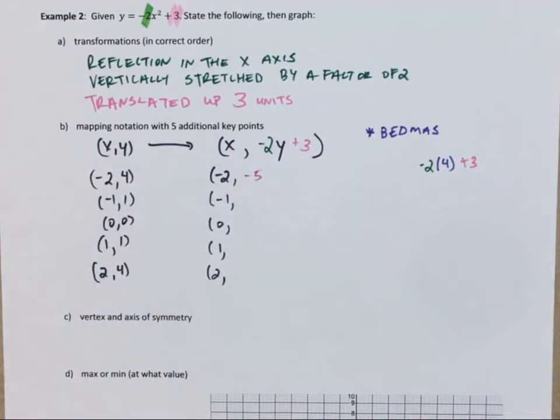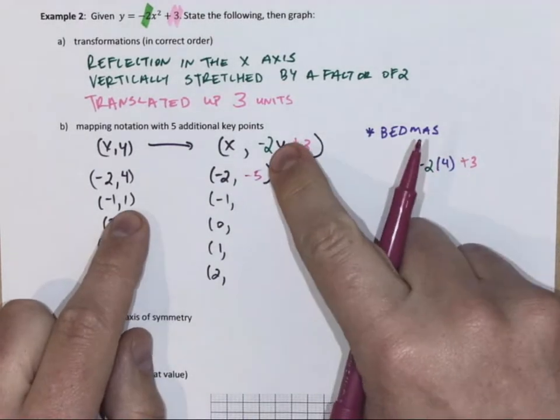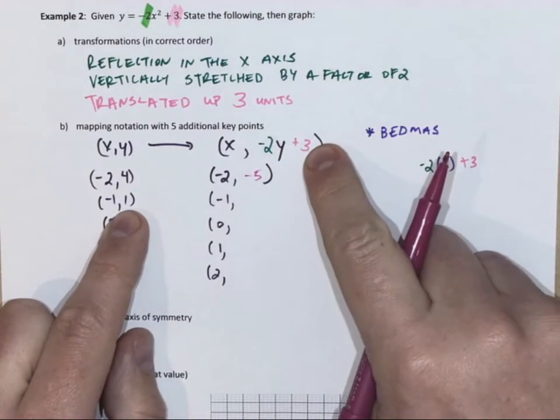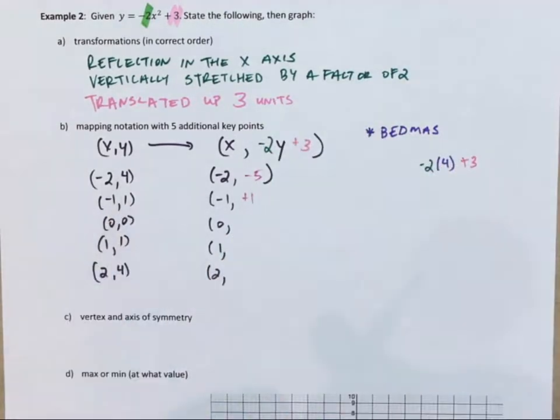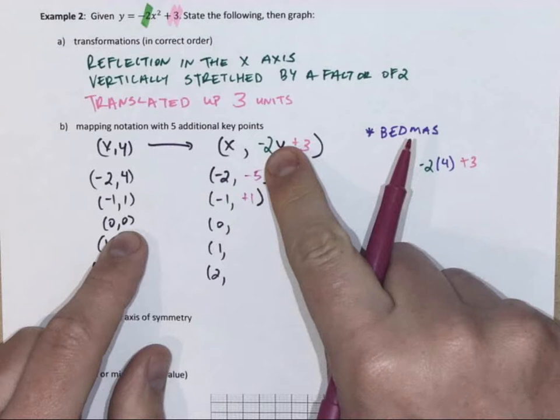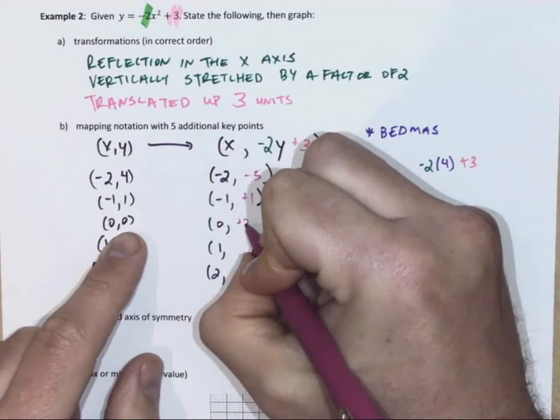And there's my value. 1 times -2 is -2, plus 3 is +1. 0 times -2 is 0, plus 3 is +3.